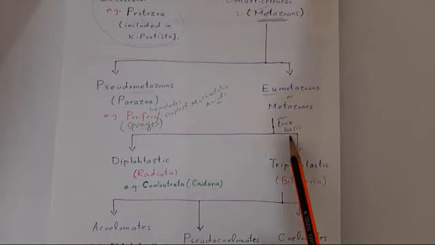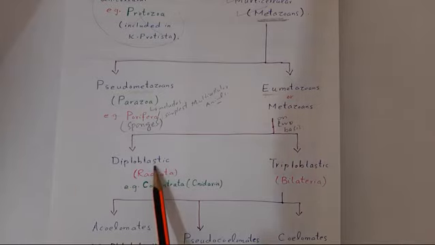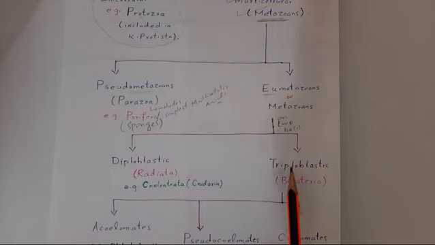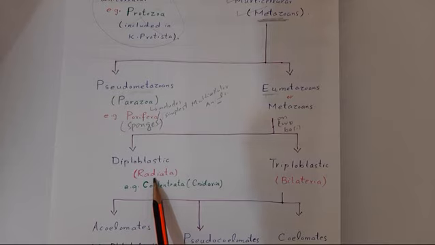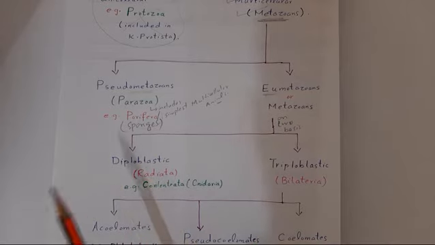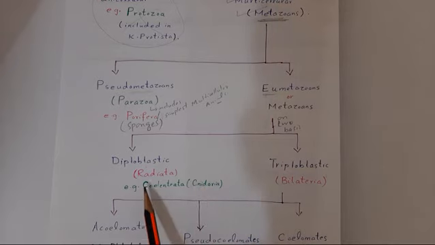On the basis of arrangement of cells in the body wall, there are two groups. One group we call diploblastic animals, the other we call triploblastic. We will study this in detail later, Inshallah. And on the basis of body symmetry they may be divided into grade Radiata and Bilateria, right? Because their body symmetry is either radial symmetry or bilateral symmetry. The types of symmetry, radial symmetry and bilateral symmetry, we will study in detail later, Inshallah.